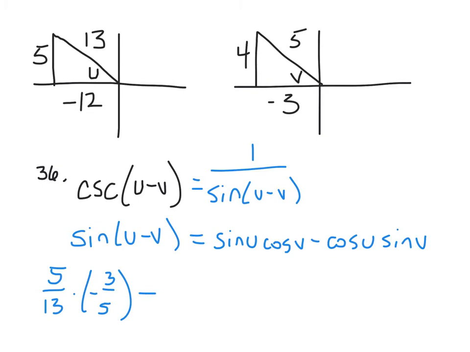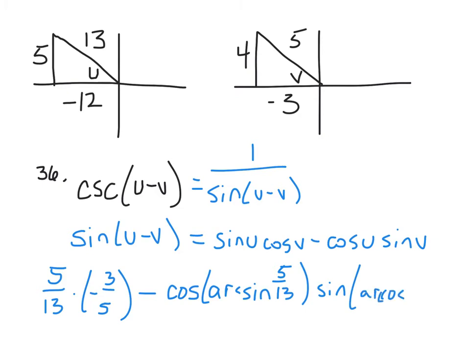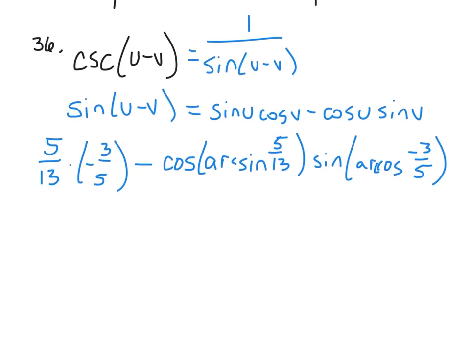So the cosine of u, I'm going to write as cosine of arc sine of 5 over 13, times sine of v, which I'm going to write as arc cosine of negative 3/5. Again, that's all just telling you which triangle you need to be looking at.